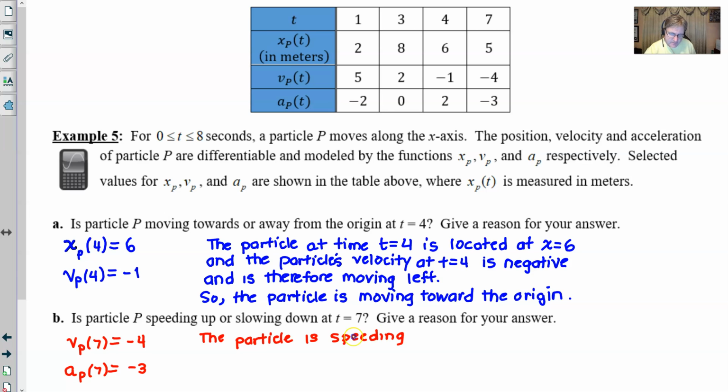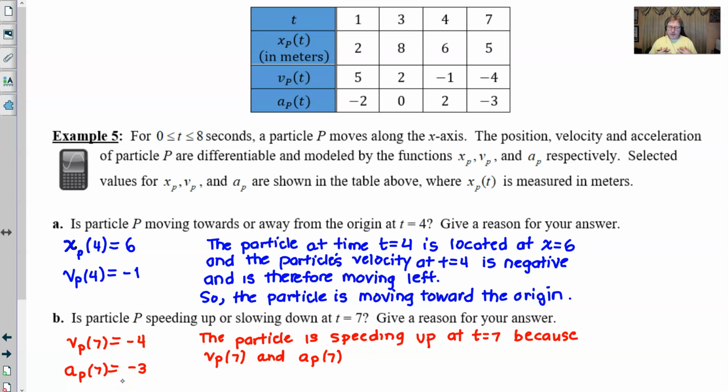Now you've got to give me a reason. And so I think the best way to say this is we're speeding up at t equals 7 because v sub p of 7 and a sub p of 7 have the same sign, because you have the proof over here.